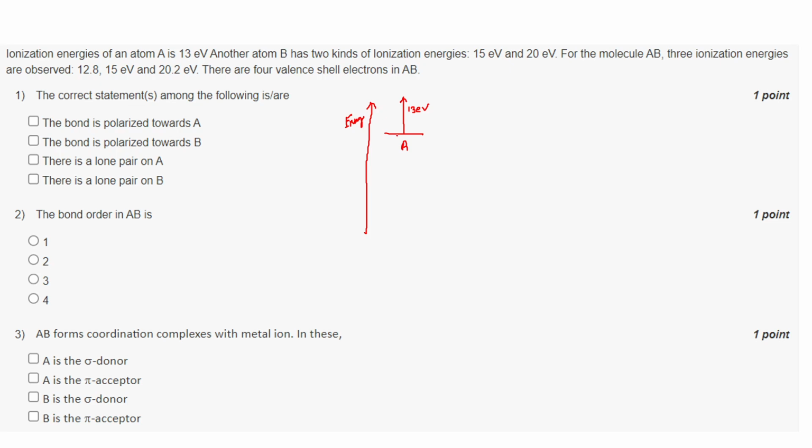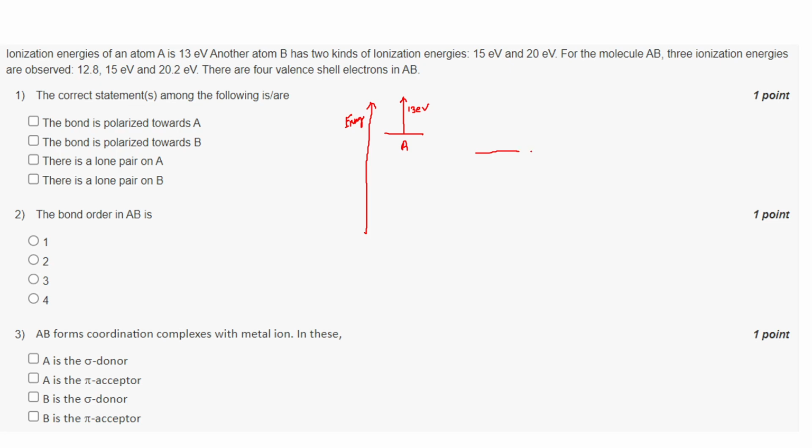Ionization energy means how much energy is required to push one electron from the outermost valence orbital outside the atom in a gaseous state. I'm not going into the definition, but that's what we are trying to say. So for A, 13 electron volt is required to push one electron outside the atom from the valence shell. For B, there are two energies. One is at 15 electron volt, so obviously a little lower.